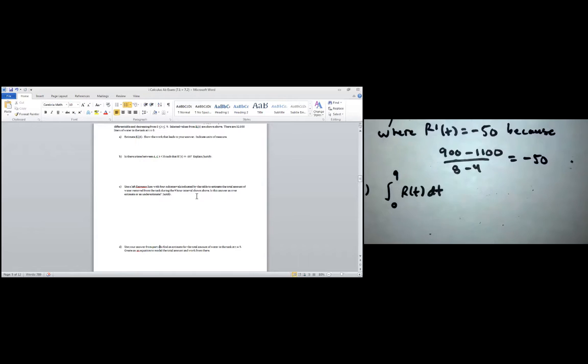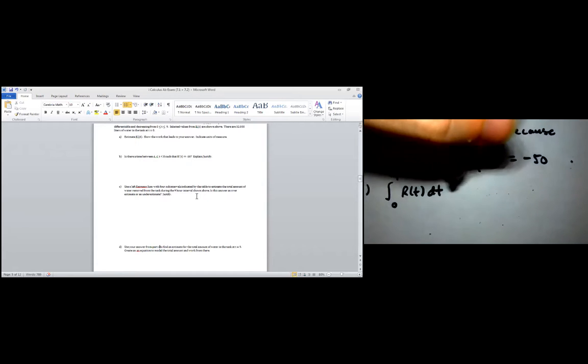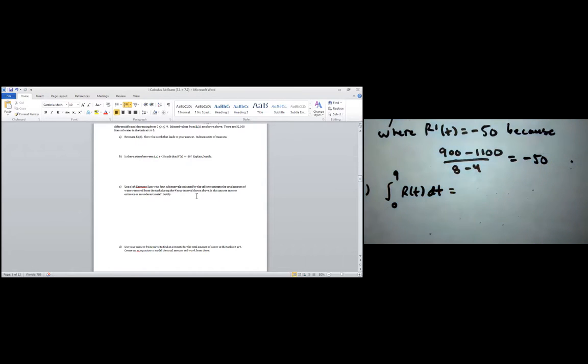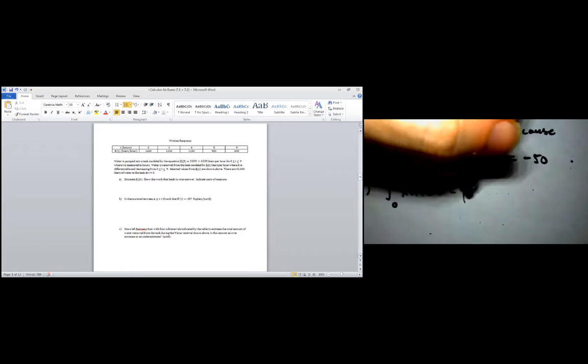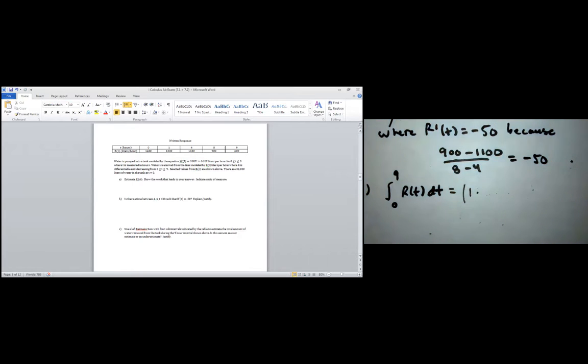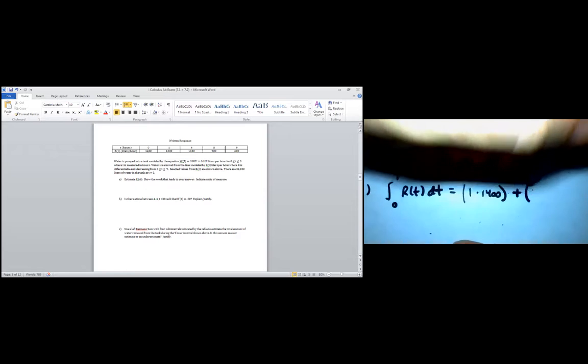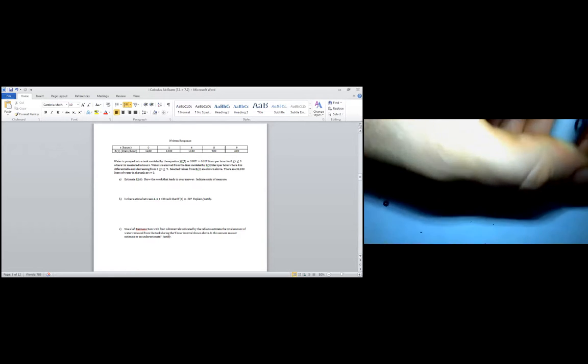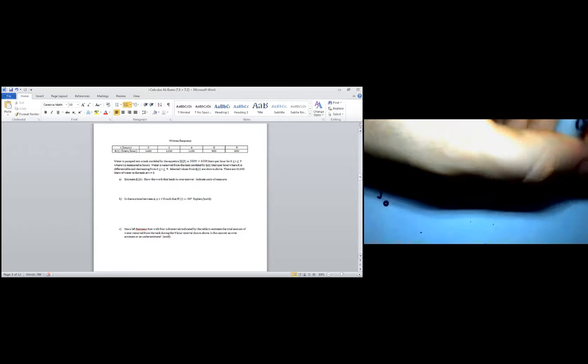So we're doing a left Riemann sum. So it's going to be equal to, we need some calculations. The first one has a width of 1, and we're doing a left Riemann sum, so a height of 1400. And then the next one would have a width from 1 to 4 of 3 and a height of 1200.